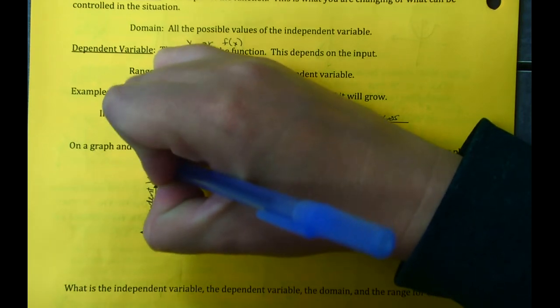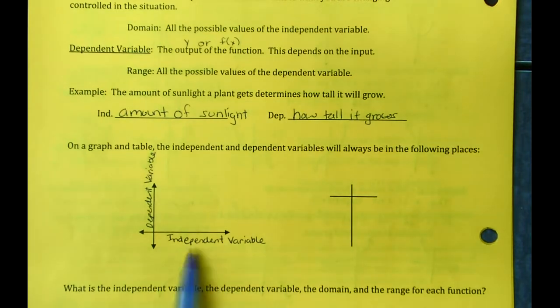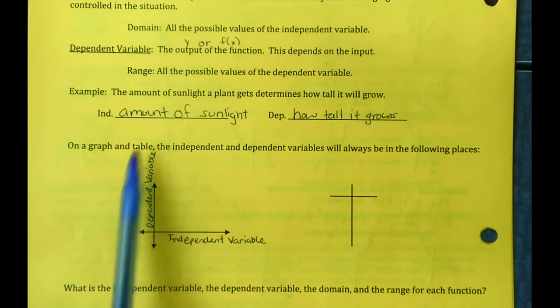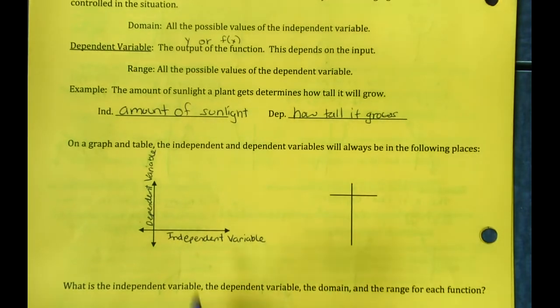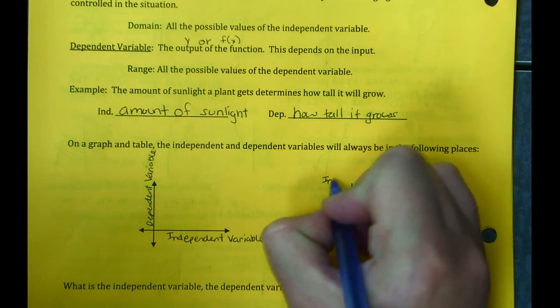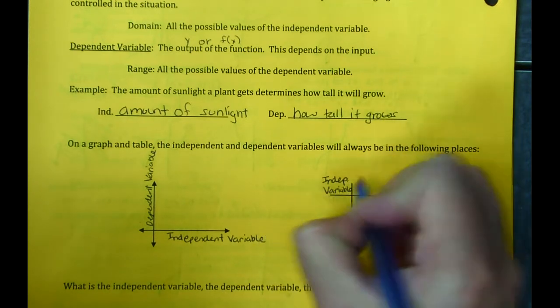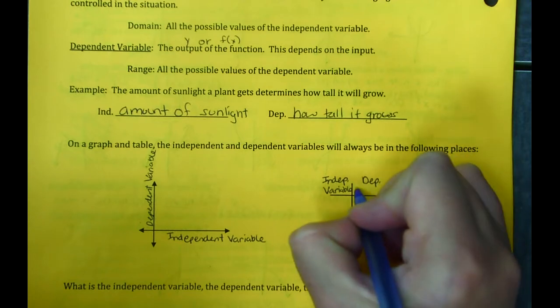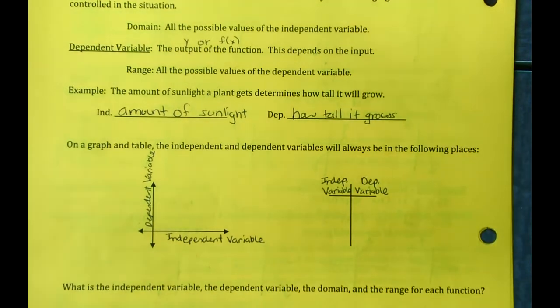So you always find the independent variable here, and then the dependent variable here. In a table, the x is the independent variable, which is like the first column. And then the y is the dependent variable. And that will always be like that.